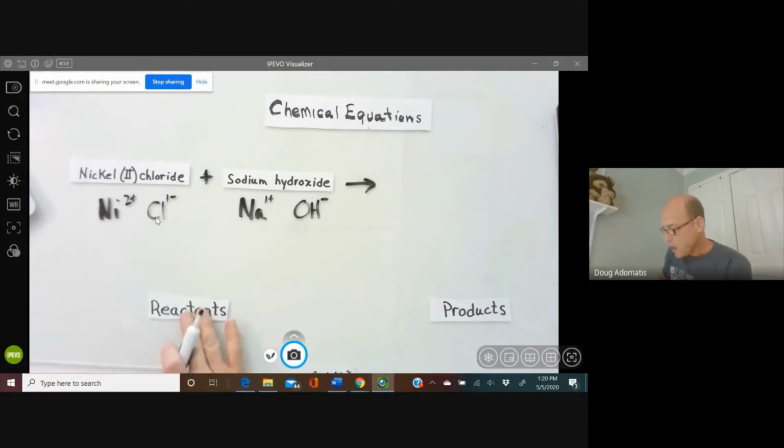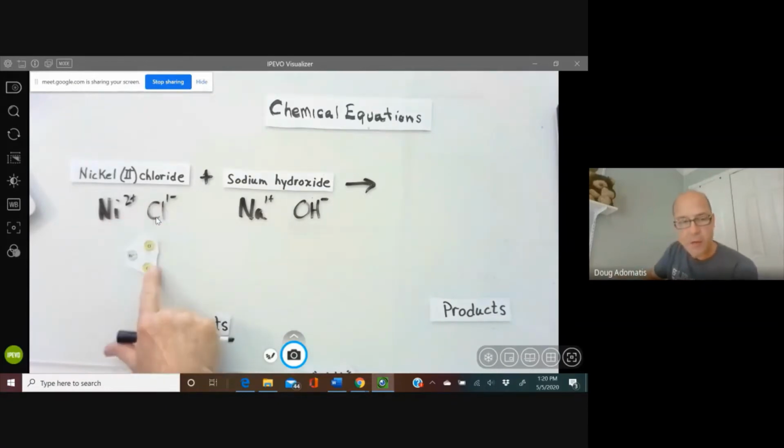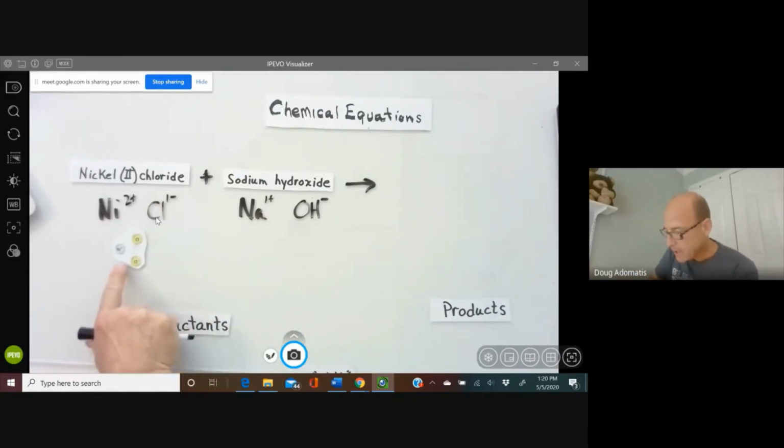So let's take a look pictorially at what that might be. Now, I know these drawings are a little bit small, but I have a nickel particle right here, and I've got some chlorine particles here. Now, wait a minute, why are there 2 chlorine particles there?